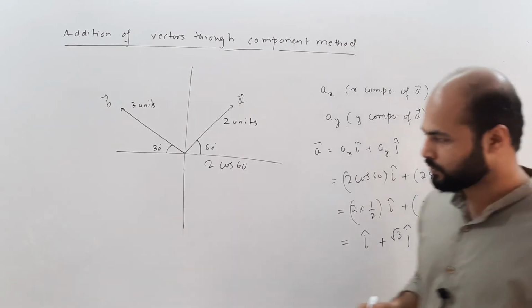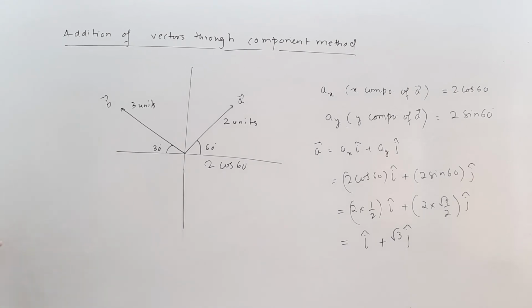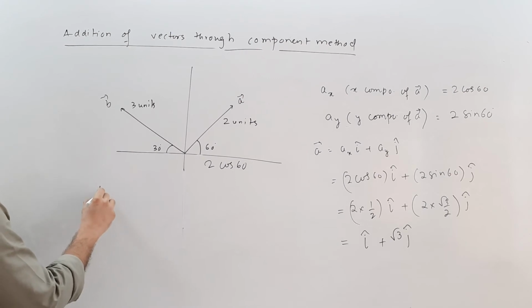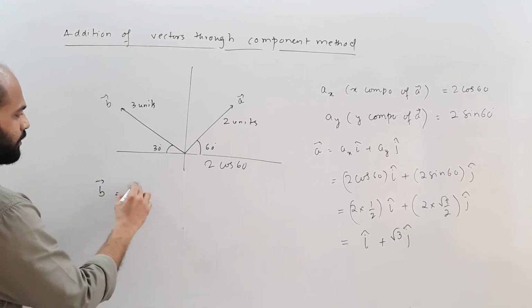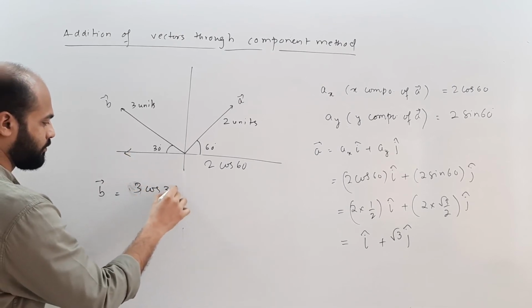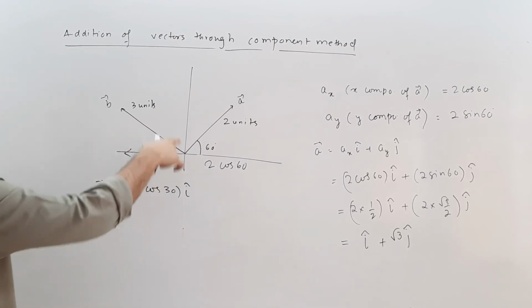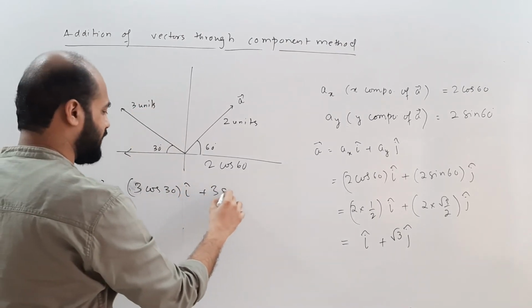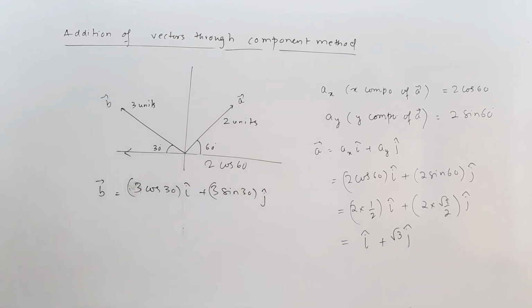Similarly, we can find this vector as well. So that vector is going to be b bar is equal to 3 cos 30 i cap, that is the x component, and the y component is going to be 3 sin 30 j cap.